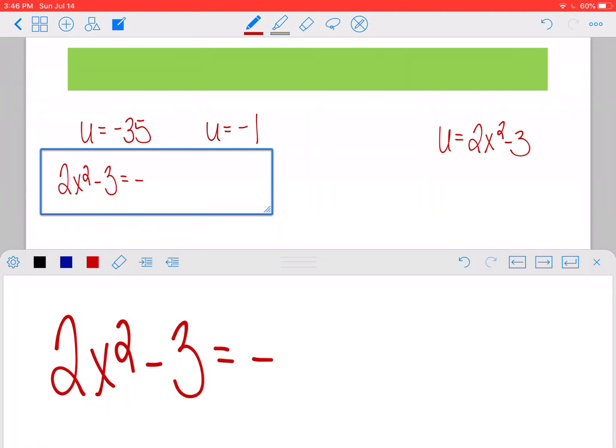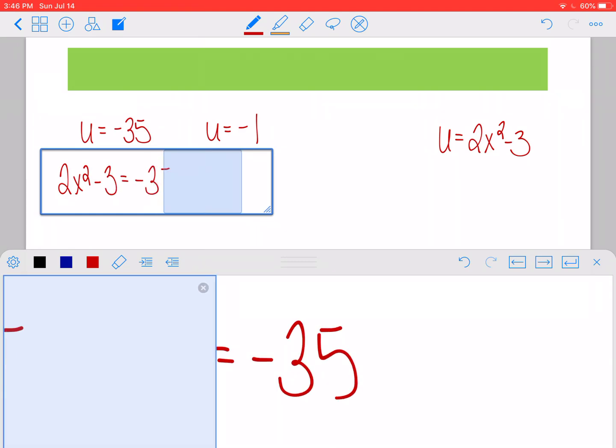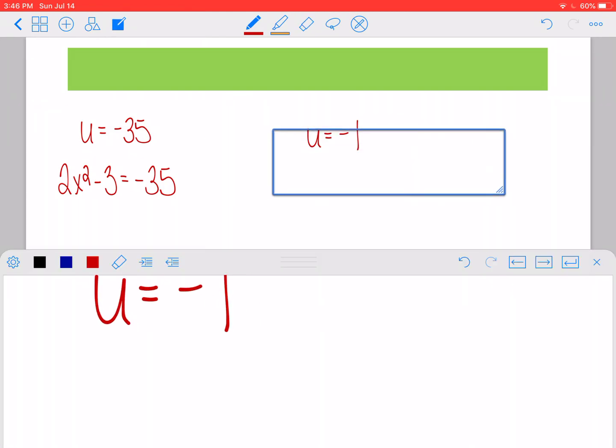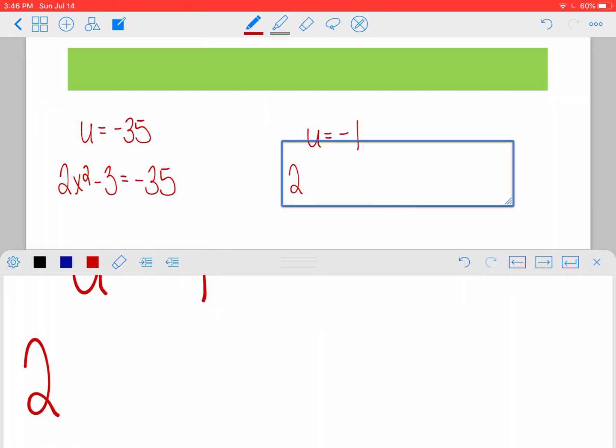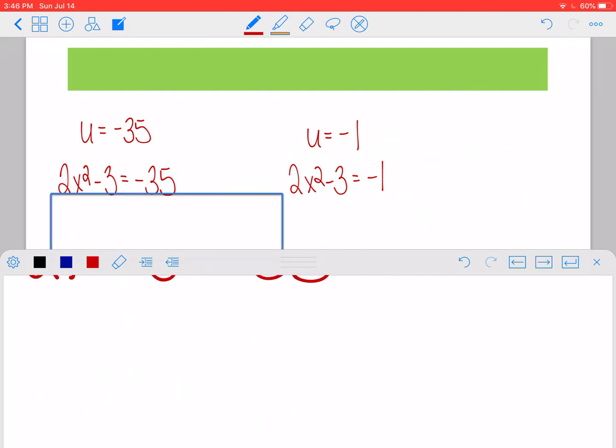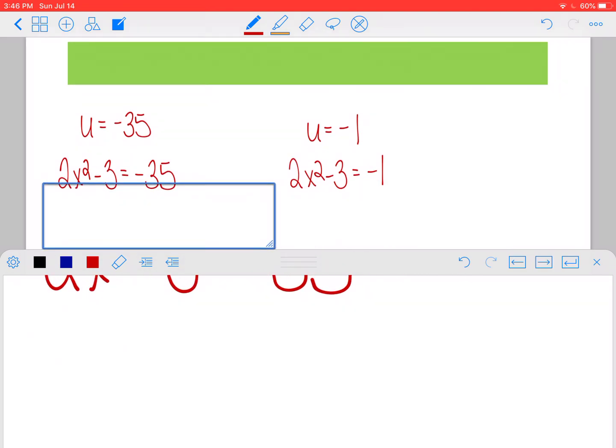Well, this isn't too bad because we can just add 3 to both sides, divide by 2, take the square root of both sides, and the square root of negative 16 is plus or minus. The negative gives us an i, and square root of 16 is 4.